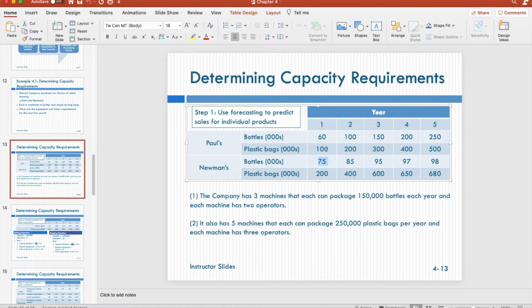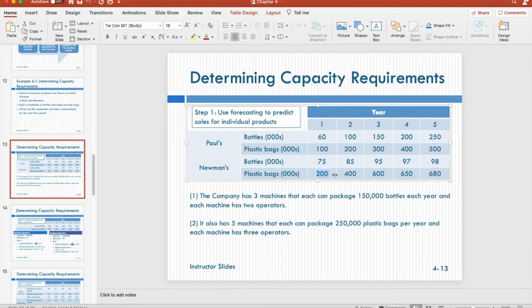Very simple. Just use 100 plus 200, which is 300. So in total, in year one, the bottle amount that we need to produce is 135, which is 60 plus 75. The total plastic bags that we need to produce is 300, which is 100 plus 200.